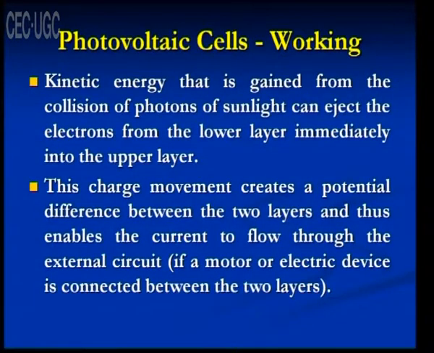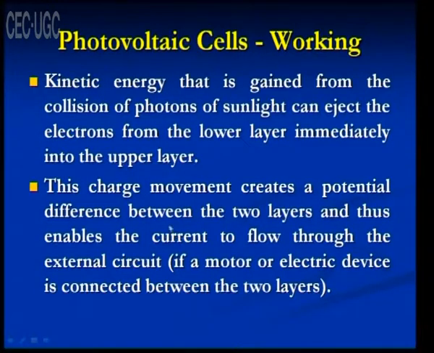Hence, when these electrons capture the kinetic energy available in the solar radiation falling on them, they get excited and can be shifted into the upper layer, which has a higher energy level. This movement of charge from the lower layer to the upper layer creates a potential difference between the two layers, and thus enables current to flow through the external circuit.